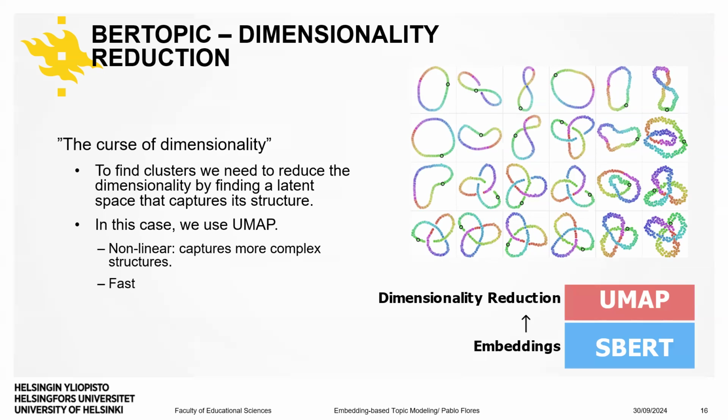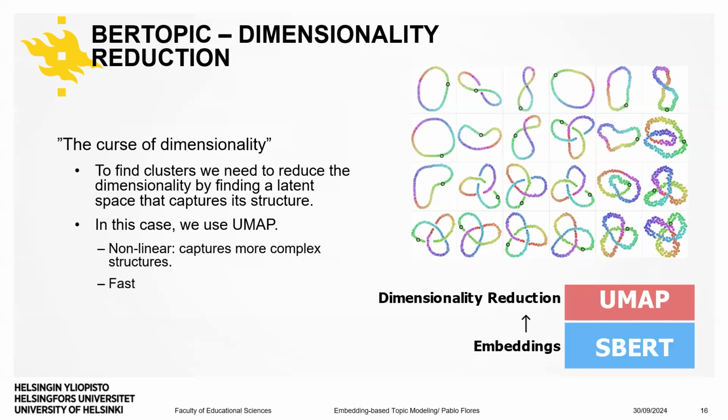And UMAP is particularly fast. So maybe some of you know t-SNE, which is another nonlinear dimensionality reduction method, but it's computationally very expensive. And when we are usually exploring topics or trying to explore different parameters, we need to be able to iterate fast, and we cannot waste 2 hours on a method.